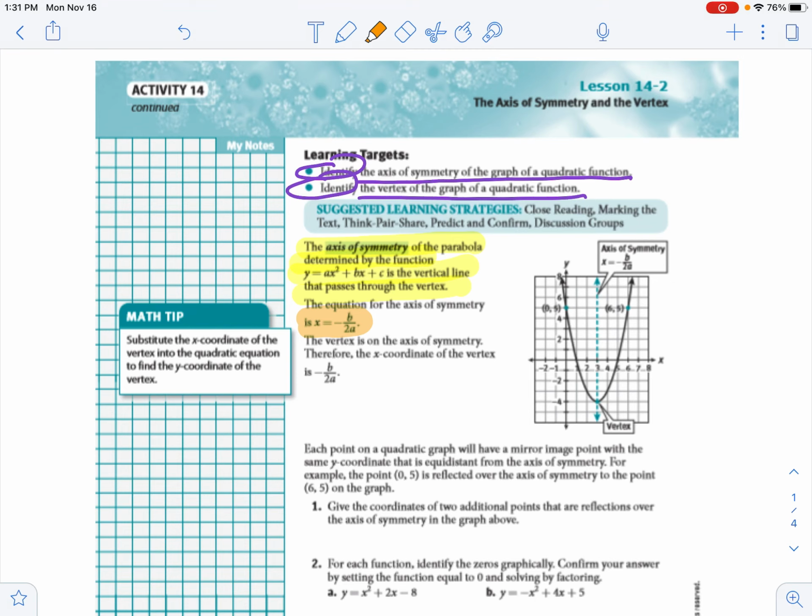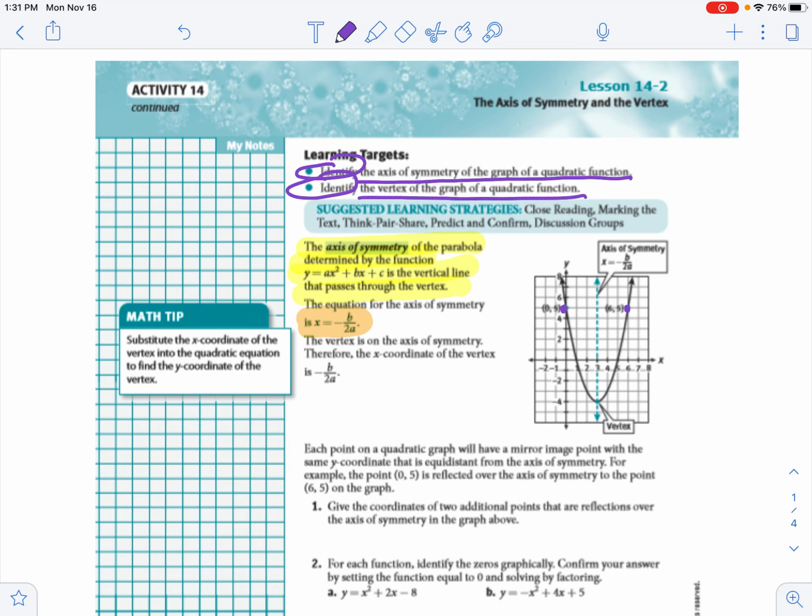So let's take a look at the graph they have here. It says each point on a quadratic graph will have a mirror image point with the same y-coordinate that is equidistant from the axis of symmetry. For example, 0, 5, which we can see right here, is reflected over the axis of symmetry to the point 6, 5.